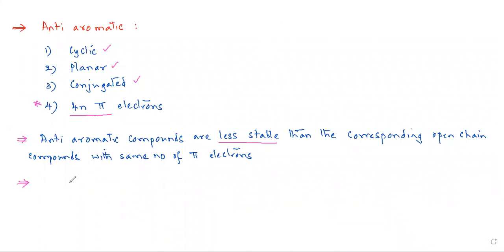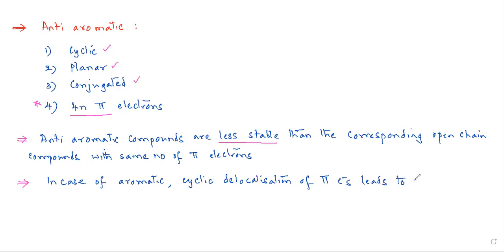In case of aromatic, cyclic delocalization of pi electrons leads to stabilization of the system.